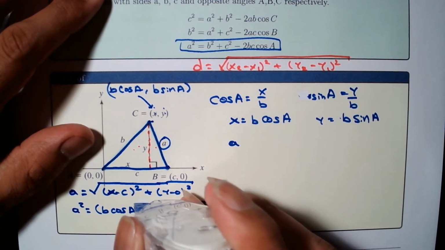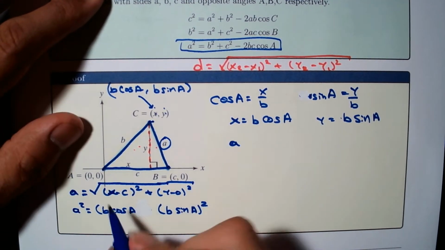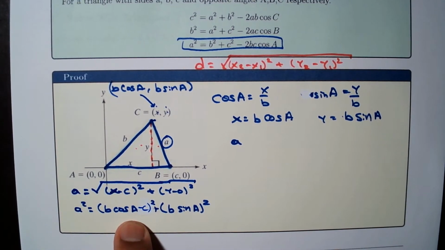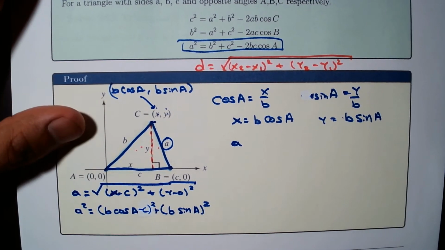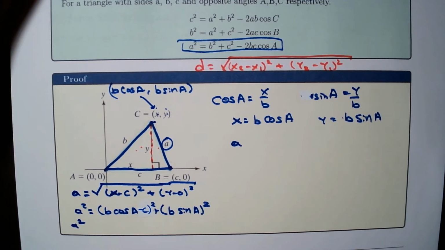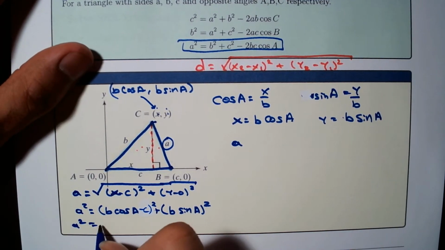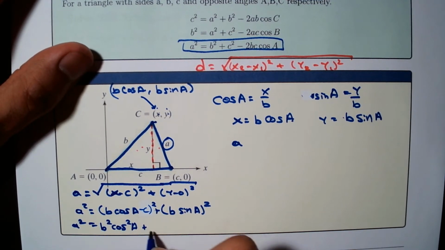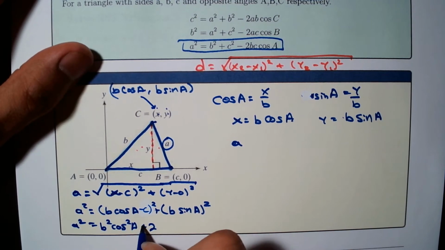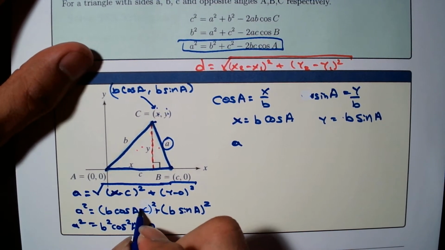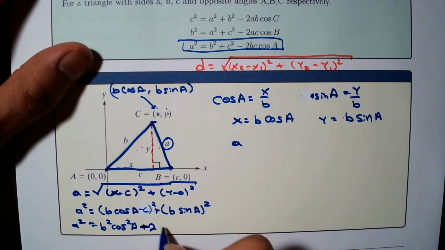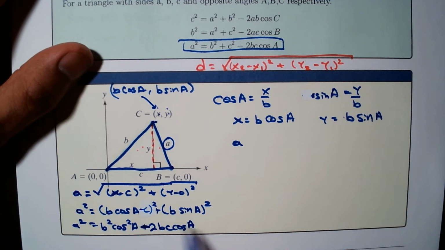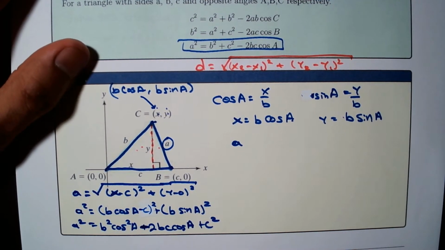So when I FOIL this part, I'm going to have a binomial squared: a squared equals b squared cosine squared A minus 2bc cosine A, because there is a minus here, plus c squared.